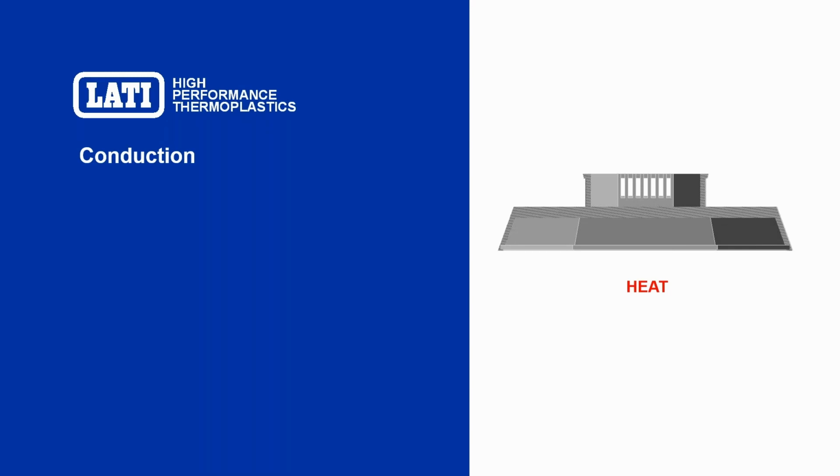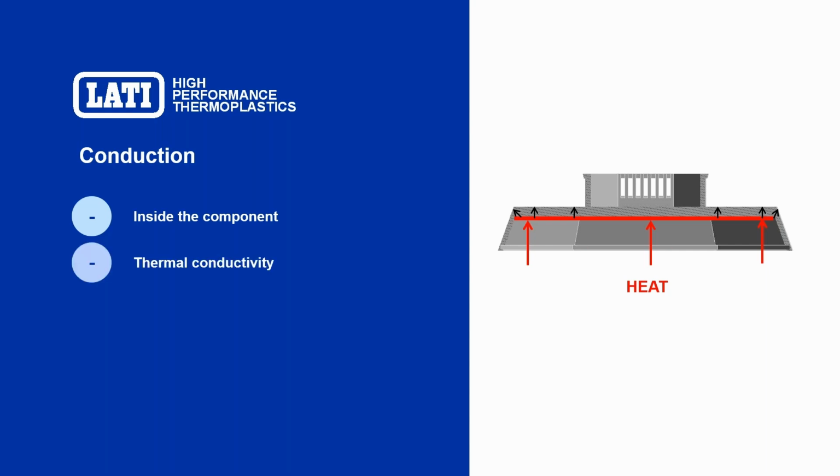So, going deeper into this matter, conduction is a heat transfer mechanism which works inside the component. Black arrows represent the heat transferred by conduction. We know that conduction depends on a parameter, which is the thermal conductivity.